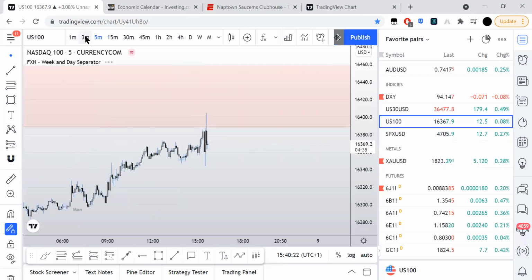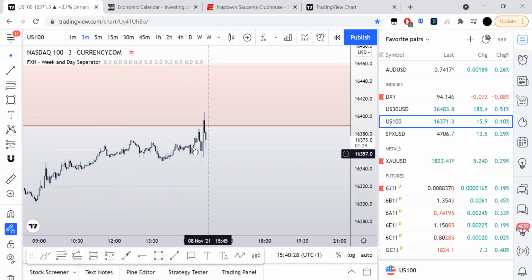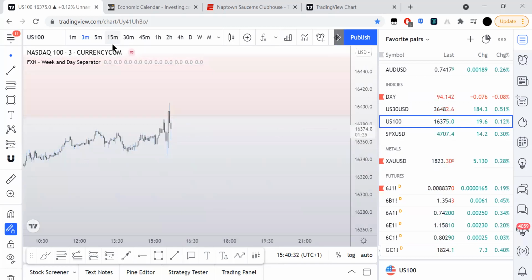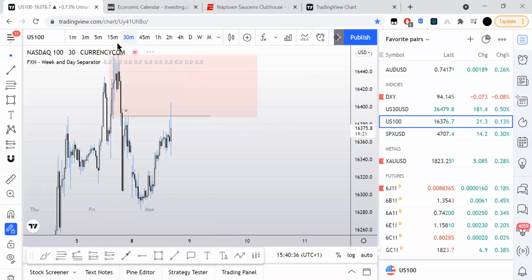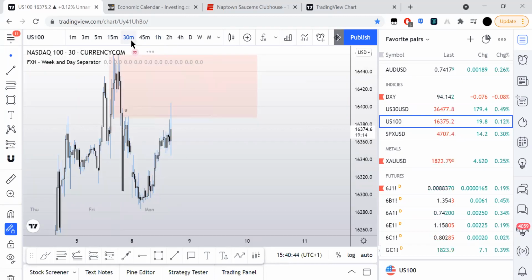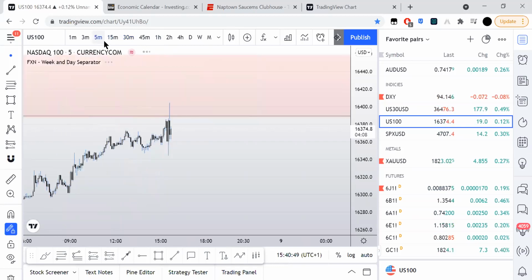Stock market open. Oh yeah, let's see what NAS does. I like this. I like what it's doing. I just want to see it hold a little bit more.